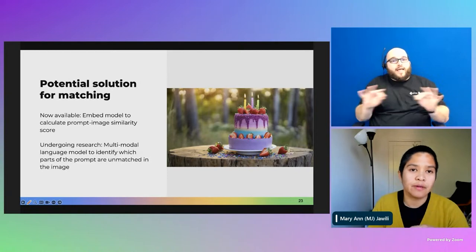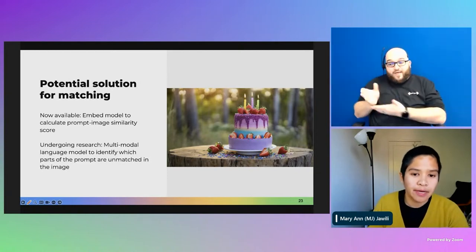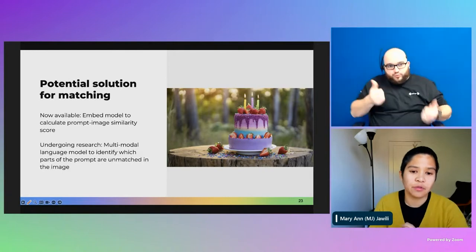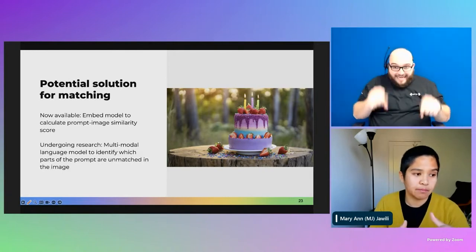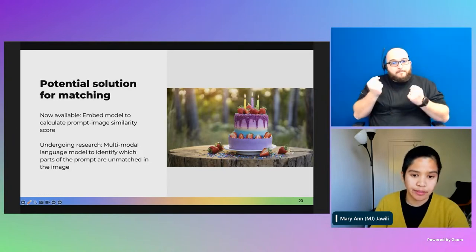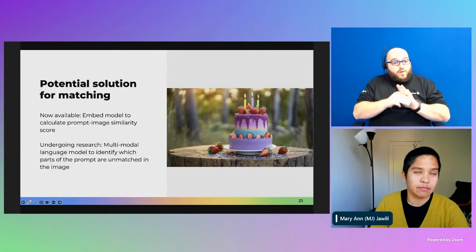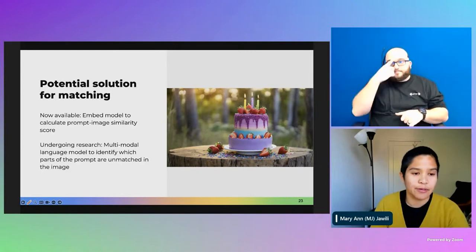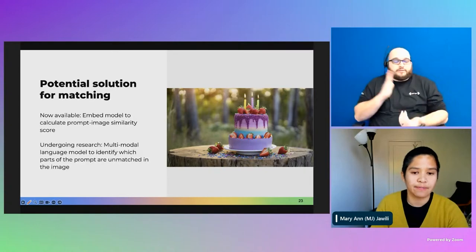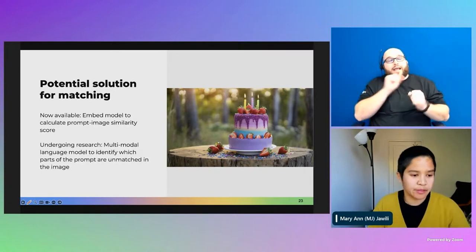And are those parts of the prompt matched or unmatched in the image? And if we can get this second part working, this multimodal language model working, I think that would answer this question for us pretty easily. And so I'm hoping that we can get there. But the work is ongoing.